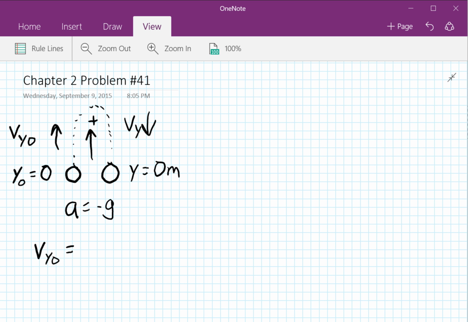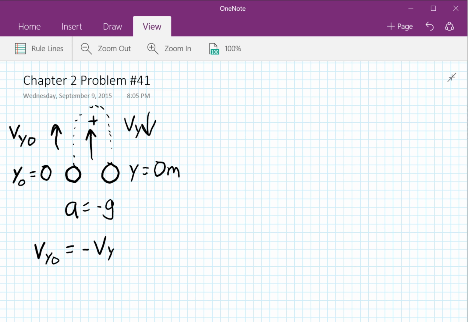I'm going to double check that real quick. 41. They say speed. So basically, they want to know that the velocities are equal without the direction. So if we prove that the magnitude of these numbers are the same, it doesn't matter if they're negative or not, because you're trying to prove that the speed is the same.